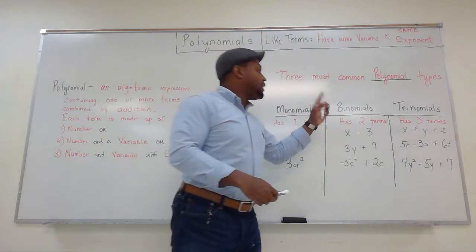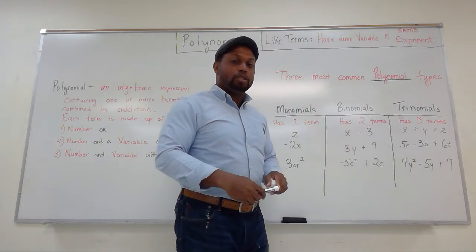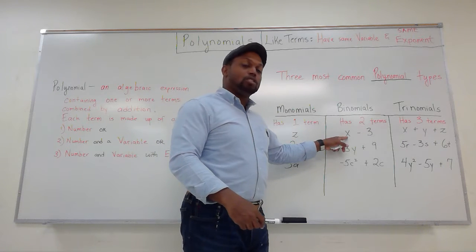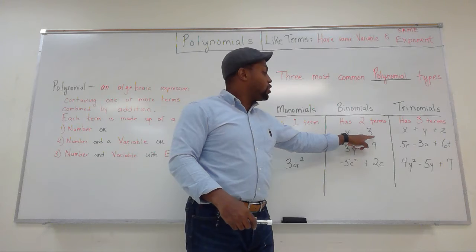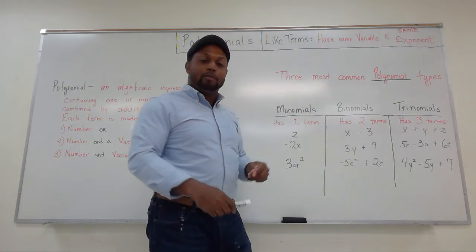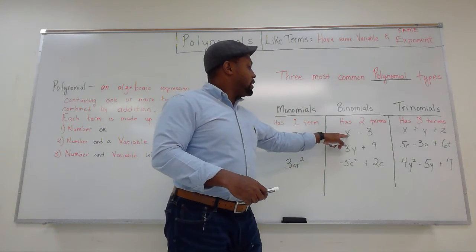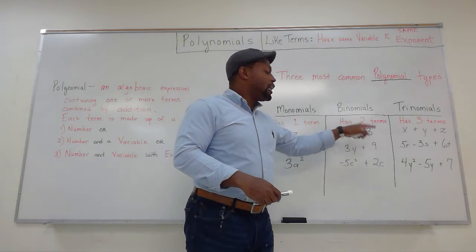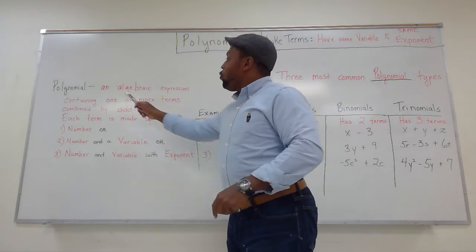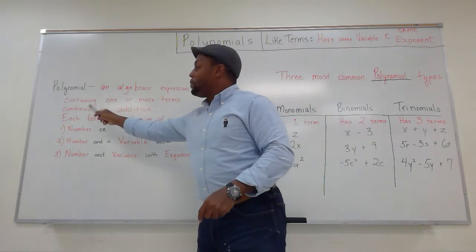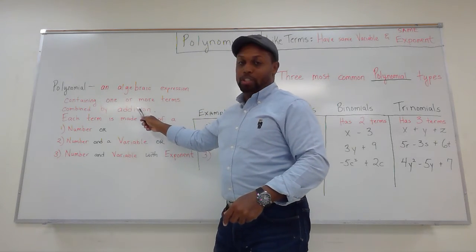Now, binomials have two terms. We have x is a term, and then we have 3, which is also a term, two terms, and now we have a binomial. But we see here x minus 3. If you can remember from the definition, it says one or more terms combined by addition.